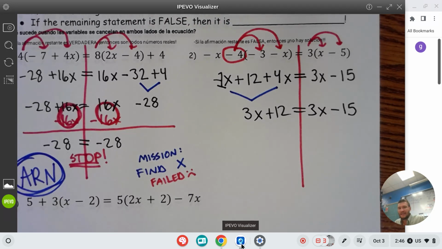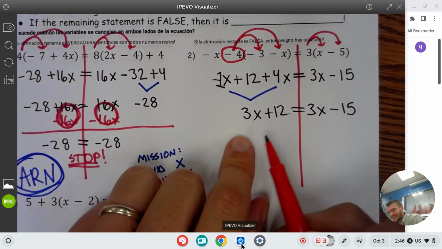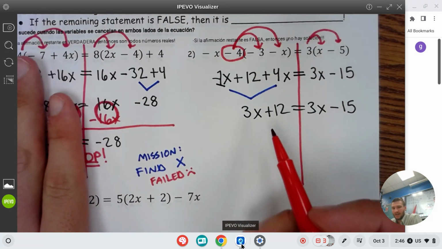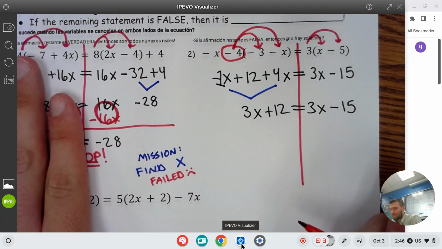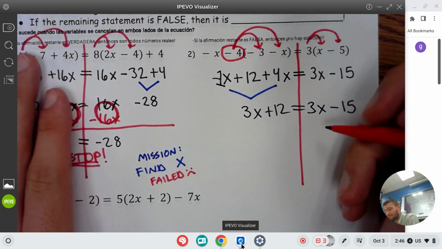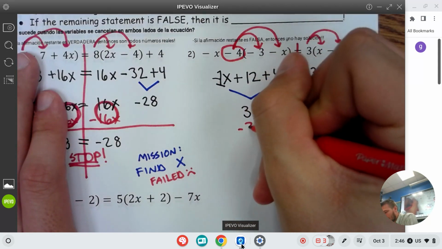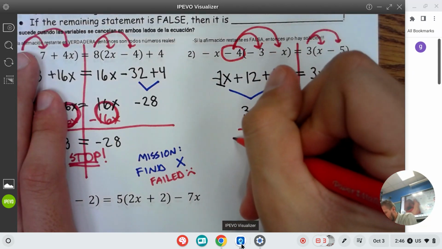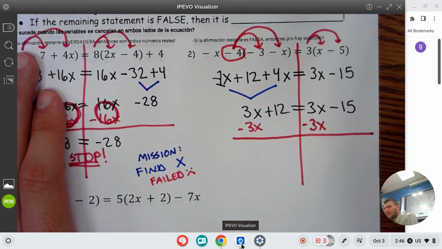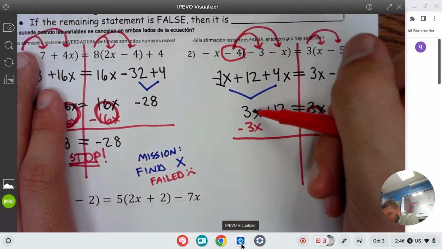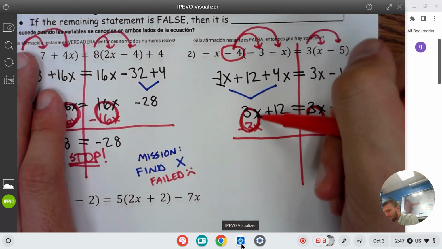Again, hopefully in your heart you can see this and you're thinking, kind of gross. Something weird is happening here. We're going to have minus 3x minus 3x. So it's just 12 equals negative 15. We're going to have 3 minus 3, which is 0.